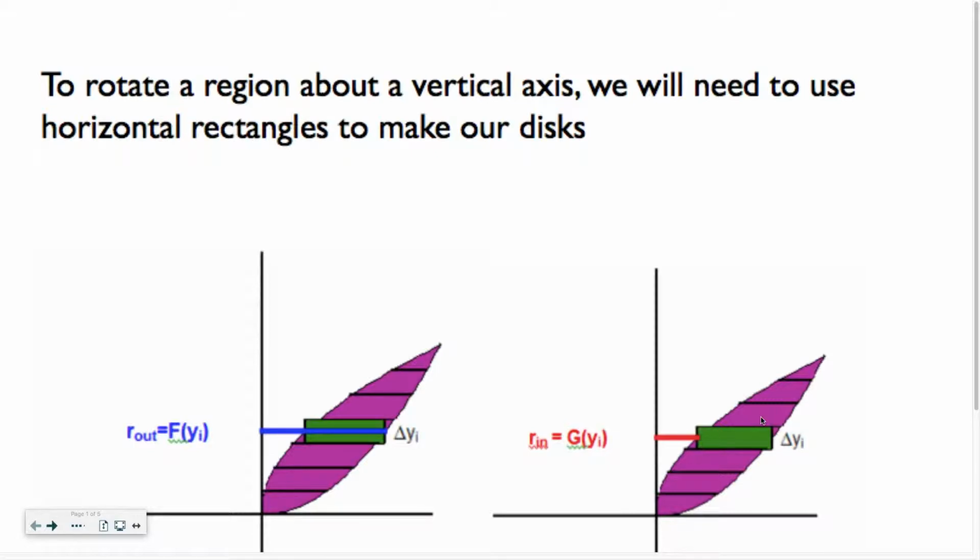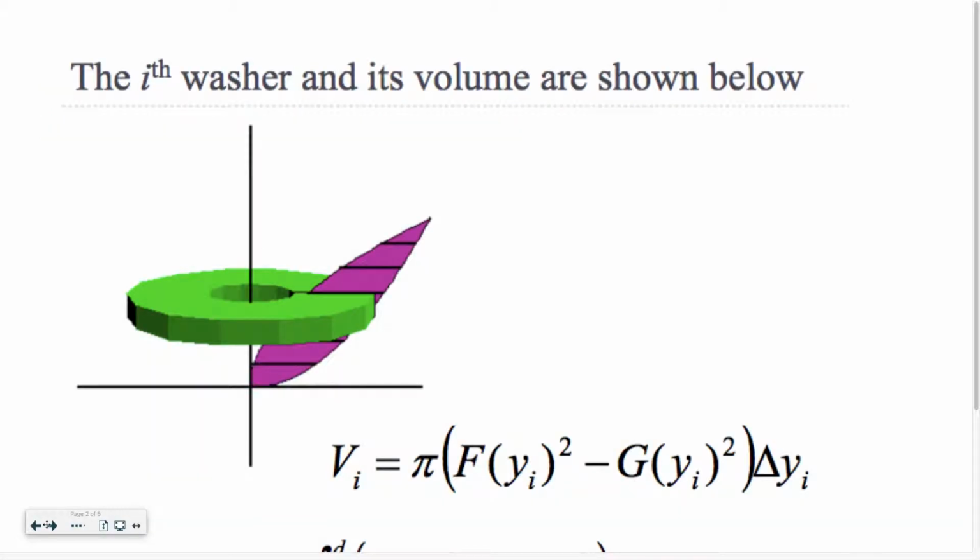Now, if we have horizontal rectangles, that means their thickness will be dy. So as you can imagine, we're going to go through the same process, except now we have y's instead of x's. Don't write anything down yet.